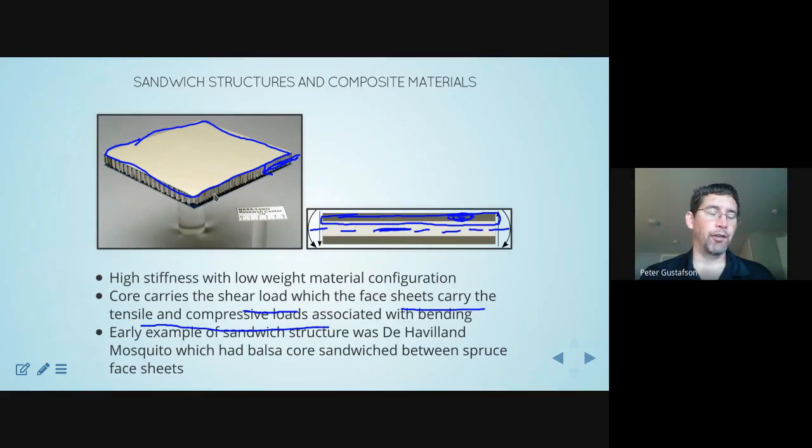I may have mentioned, forgive me if I failed to, that in this image on the left, that's a honeycomb structure core in that composite.